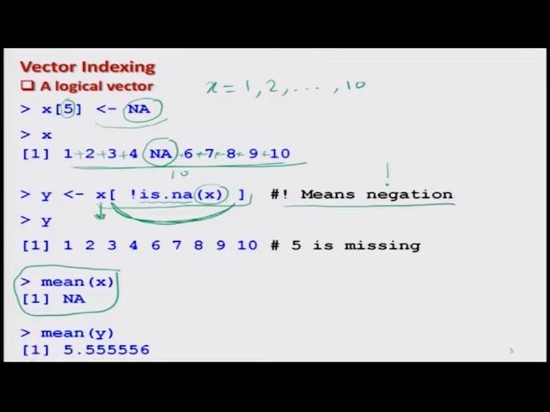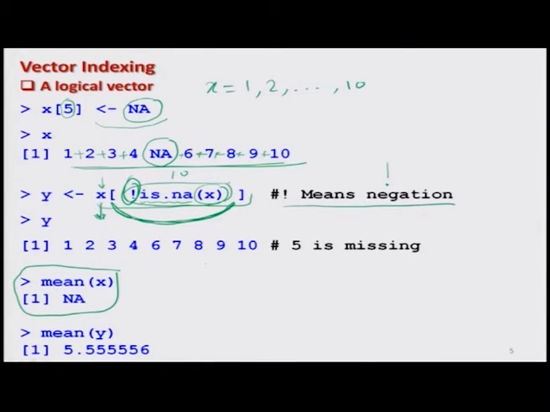So, I am trying to say in simpler words, please use this vector x and check if there are any not available values. Then I am using the exclamation sign and asking that I do not want these NA values. And with this square bracket, I am saying please give me only those values where there is no NA.